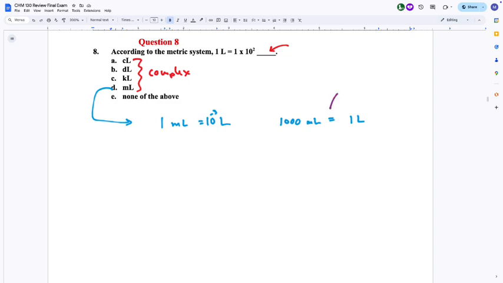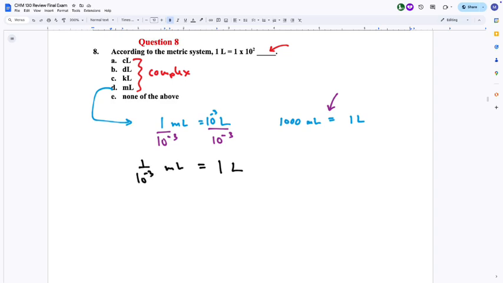Okay? This system here is effectively an artifact of nobody likes powers of 10 and nobody likes negative powers of 10. So what they went through and did is they took the original expression, and they said, I'm going to divide both sides by 10 to the negative 3. What is 10 to the negative 3 divided by 10 to the negative 3? 1 liter equals 1 over 10 to the negative 3 milliliters.